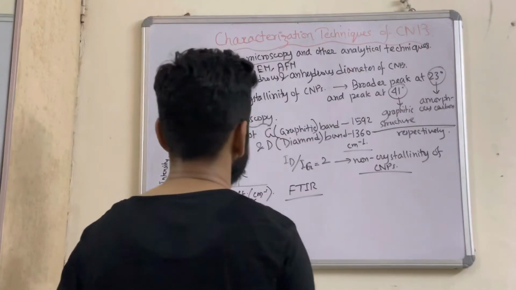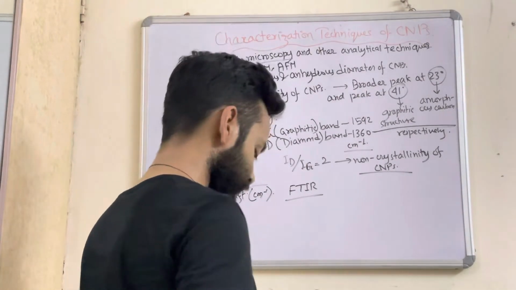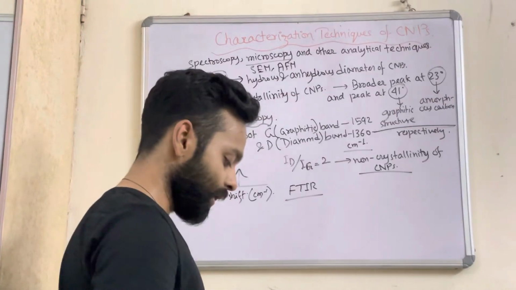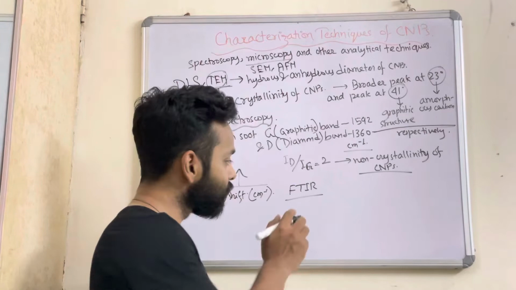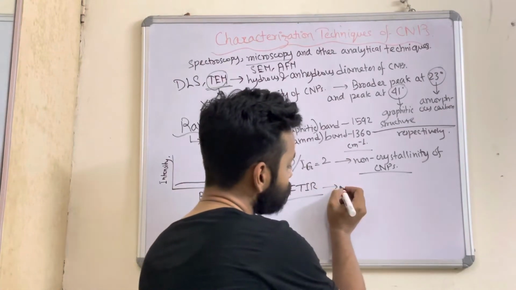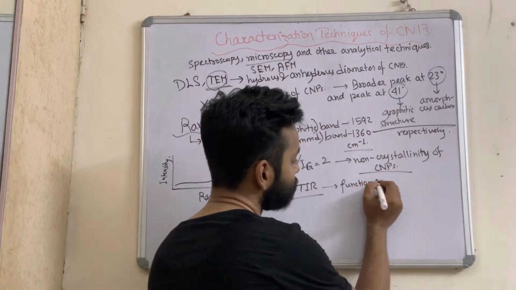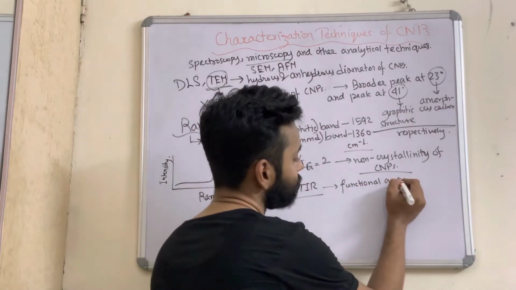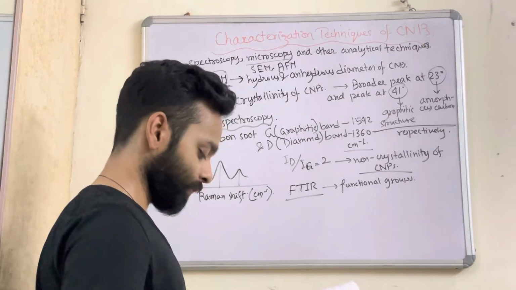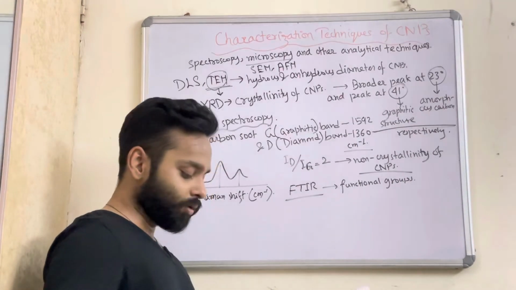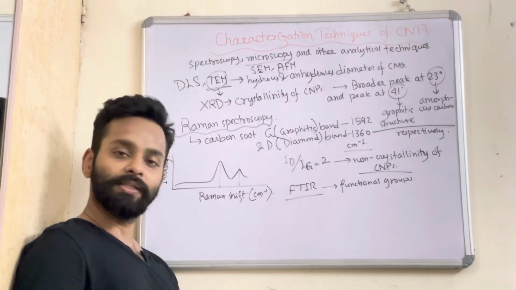Another technique known as FTIR or Fourier transform infrared spectroscopy is crucial to decipher the functional groups. So this technique is used to decipher the functional groups based on specific stretching vibration of the type of chemical bond which is present in a molecule.